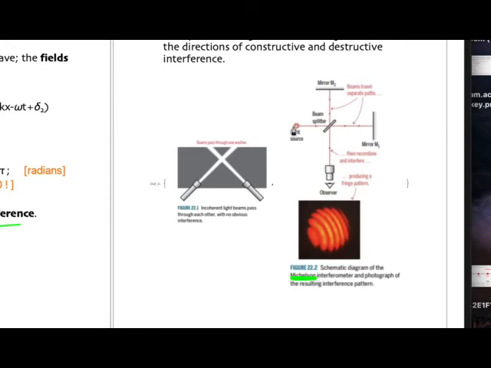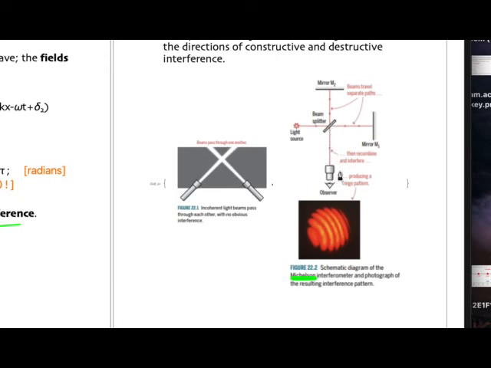It has a light source, a beam splitter. Part of the beam reflects from this beam splitter and hits a mirror and comes back. Part of the beam goes through the beam splitter, hits this other mirror and comes back.